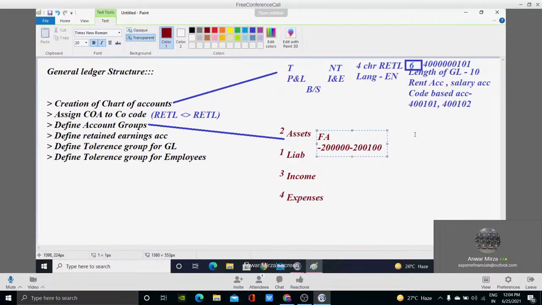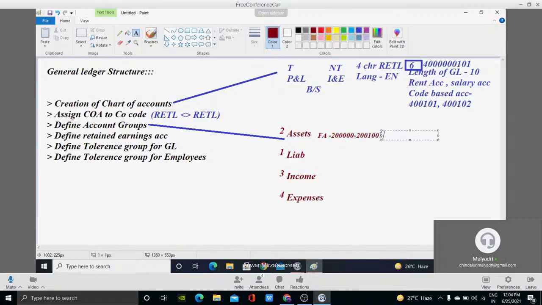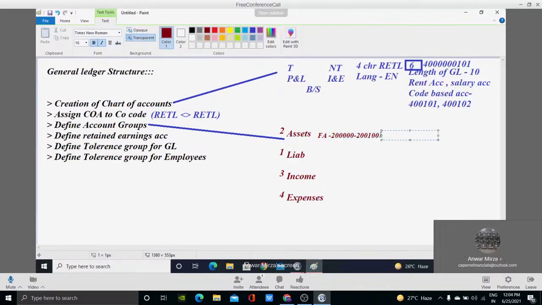That means how many fixed assets can I configure here? 100 fixed assets, right? Now, what are those fixed assets? Machinery, plant and machinery, furniture and fixtures, vehicles, computers, electronics, software, tools and dies, land, again categorized into freehold land and leasehold land. If it is building, categories of building, whether factory, warehouse or stores. All these are your fixed assets.